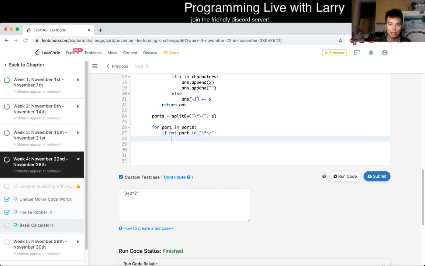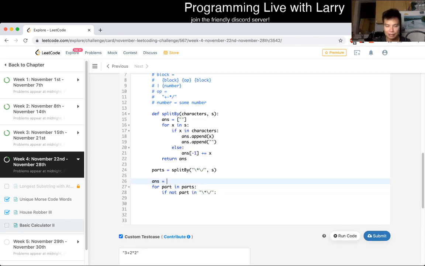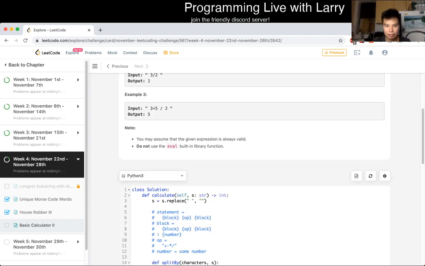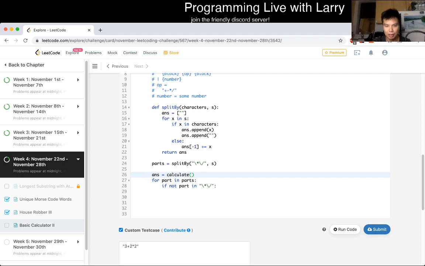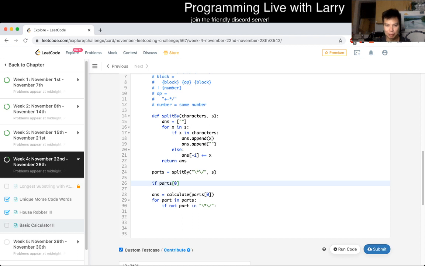So yeah, let's just do this, right? Let's just say answer is equal to calculate parts of 0. Also, if length of parts is equal to 0, we'll return.